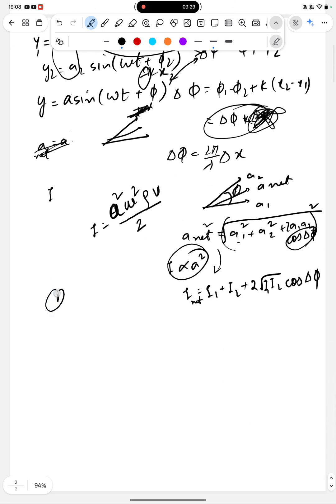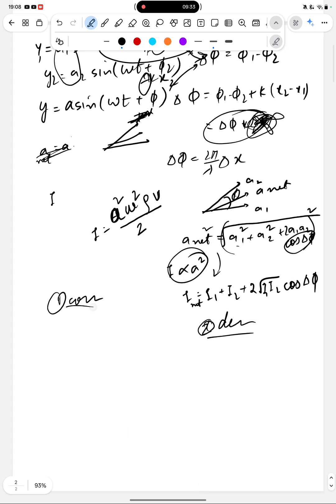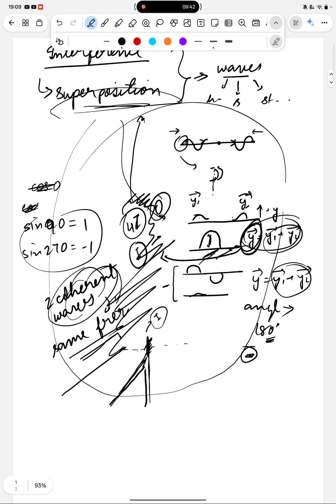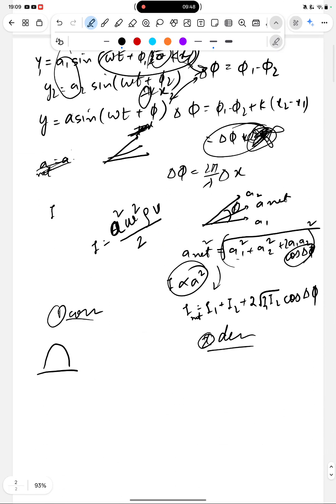Now let's come to constructive and destructive interference. In constructive, what happens is, as I said, we get maximum amplitude, and in destructive we get minimum amplitude. This is constructive, this is destructive. In constructive we get A max and therefore I max, and A min, I min.